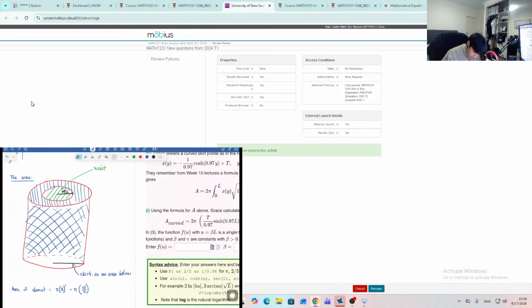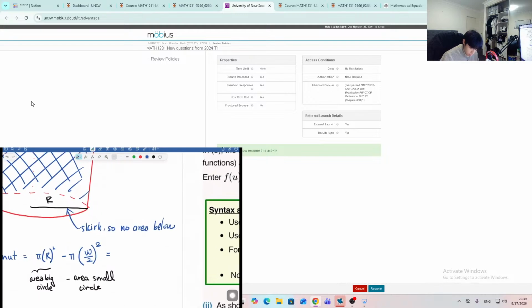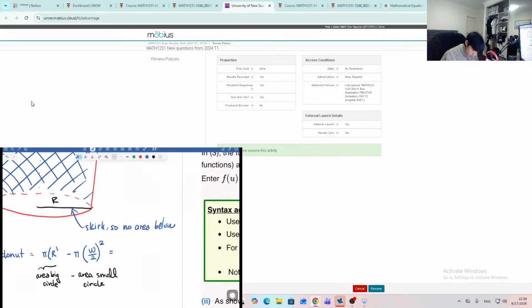This is the radius R. So we're taking big circle area minus area small circle. And they wanted to see that we could factor pi out, and we'd have r squared minus w on 2 squared.